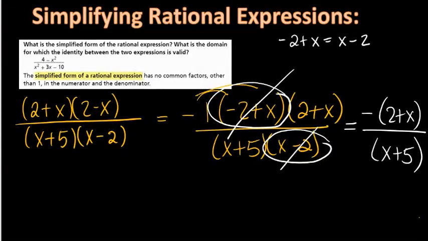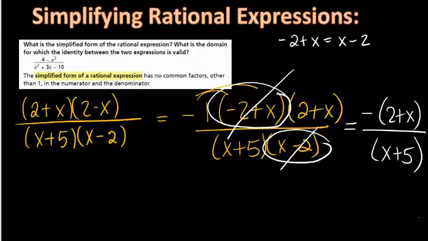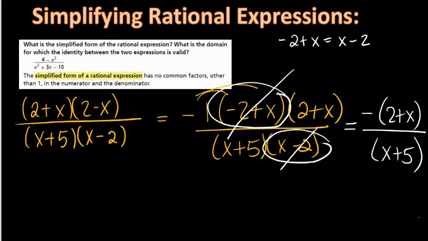And if we're talking about simplifying, we always have to talk about, well, over what domain, what are the values of x that we can use? And so you go back to your factored form, and you're just looking at that factored form in the denominator. So which of these values can't I use? They're the values that are going to make that denominator equal to 0. And so just like when you factor and solve, technically you're solving that denominator. You're solving to see what values of x will give me a 0 result.